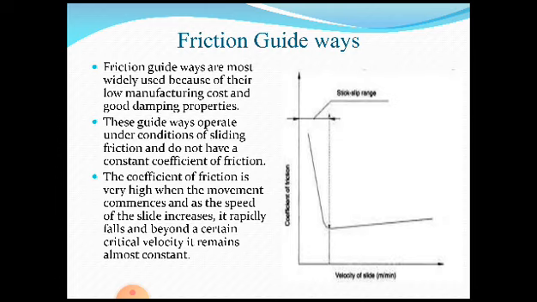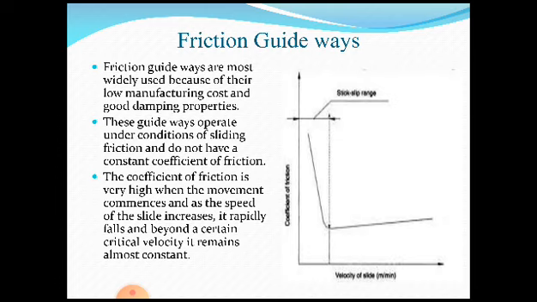The basic requirement for any type of friction guideway is that it should have a low coefficient of friction. That is what we are going to discuss at length. The friction guideways are most widely used because of their low manufacturing cost and good damping properties.